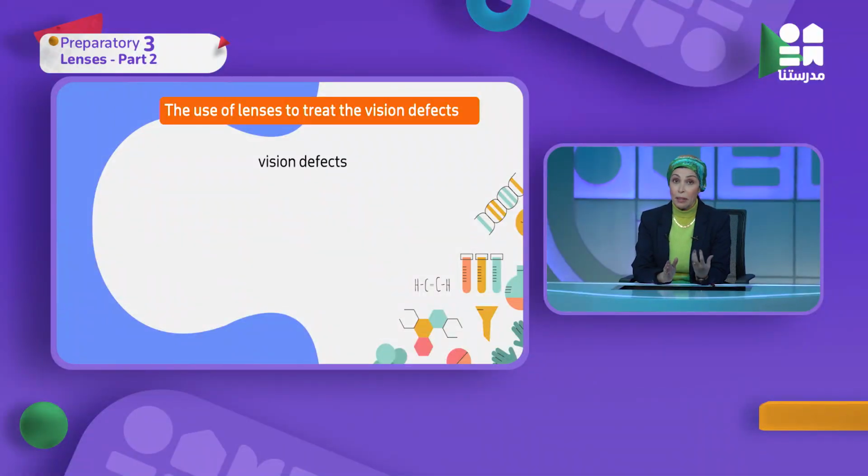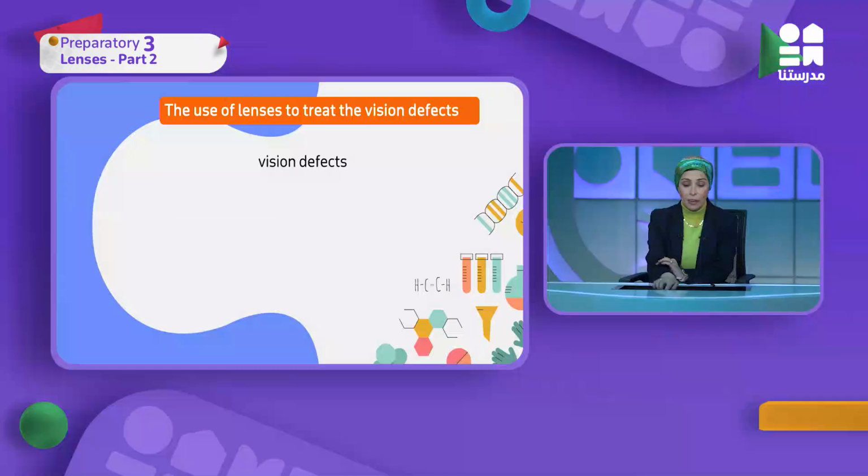The difference between the words disease and defects: a defect means something which is wrong in the vision. Sometimes some people, if we're going to read, want to put the book nearer to their eyes, and some of us need to put the book far from our eyes. Today we are going to know the differences between the two cases, which are the vision defects.